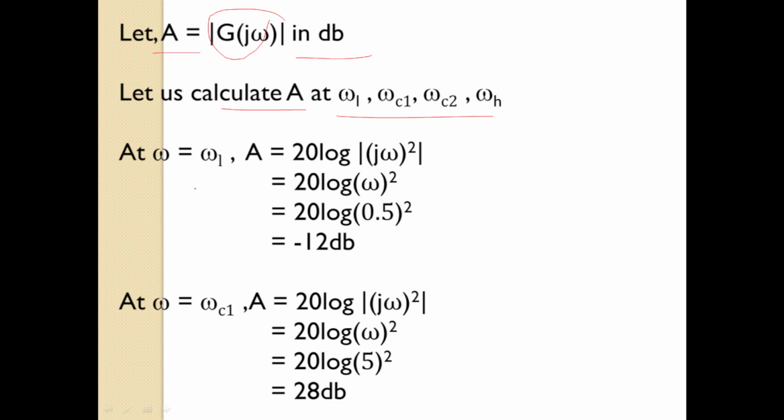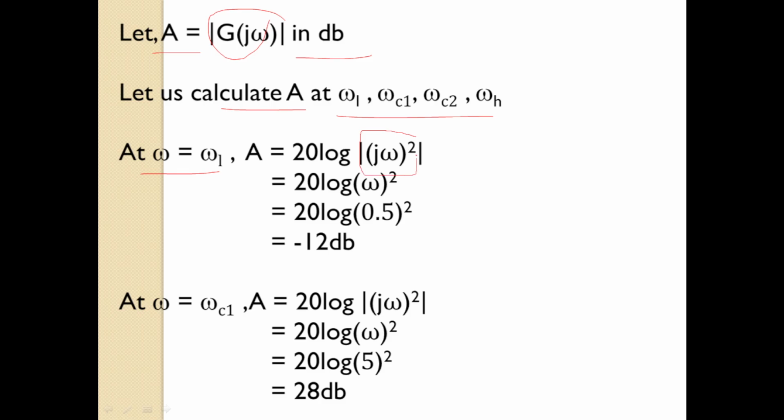Okay. So, now when omega equals omega L, what is our omega L value? 0.5, isn't it? Just now we have assumed the omega L value. So, omega equal to omega L, that is 0.5. The formula for A is 20 log of the magnitude of G of j omega. So, what is G of j omega? The first term, derivative factor.